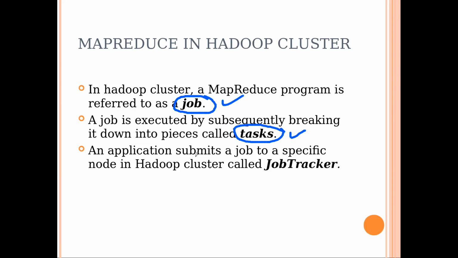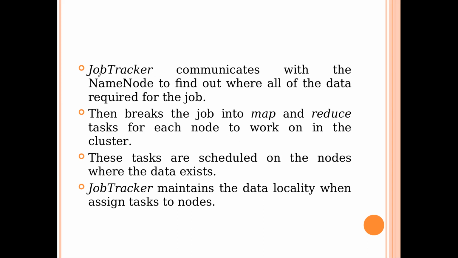Now an application submits a job to a specific node in the Hadoop cluster, which is called the job tracker. In the initial diagram of Hadoop, you have seen the job tracker, and this job tracker will communicate with the name node to find out where the data required for that particular job is.